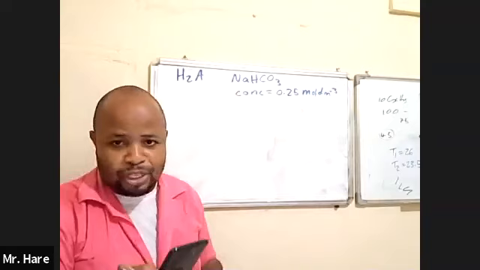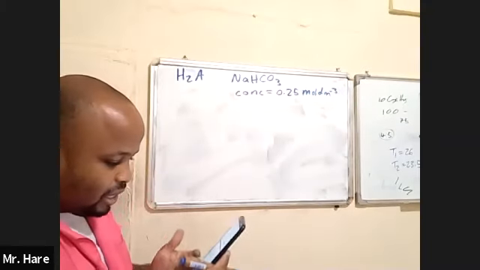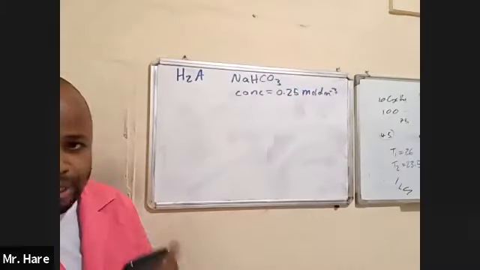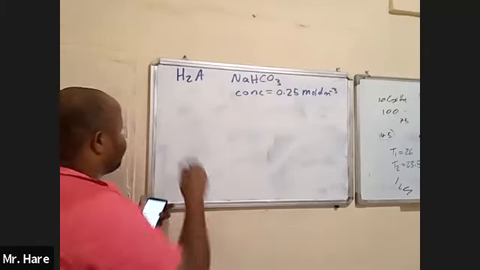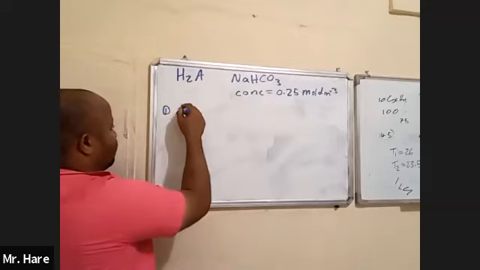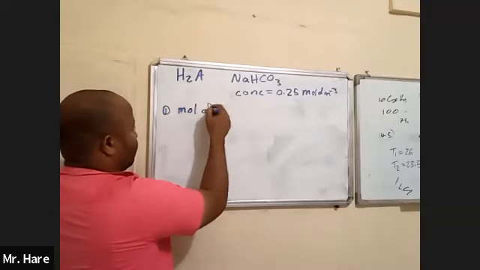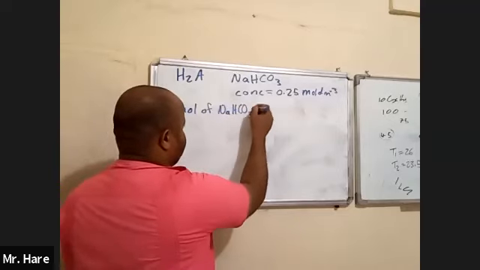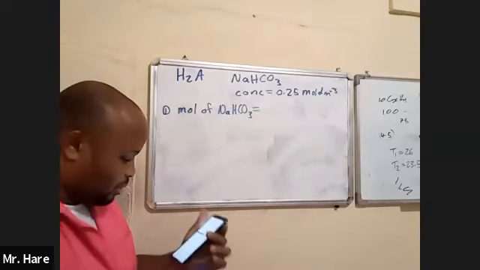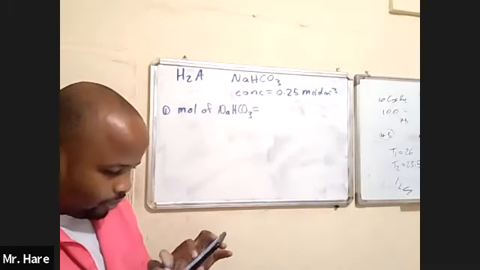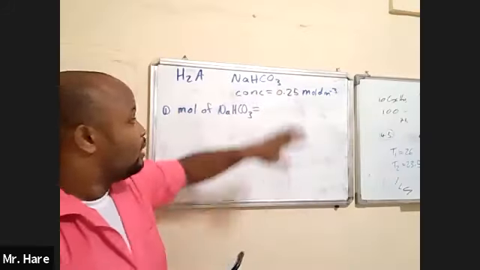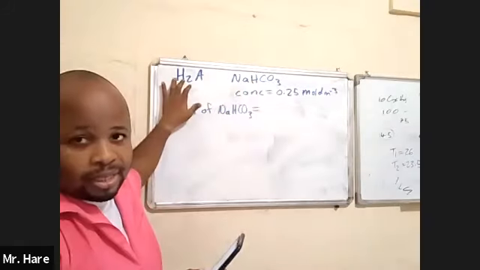So the calculations now. The first calculation says calculate the number of moles of carbonate used. Remember, we were adding the carbonate to the acid.